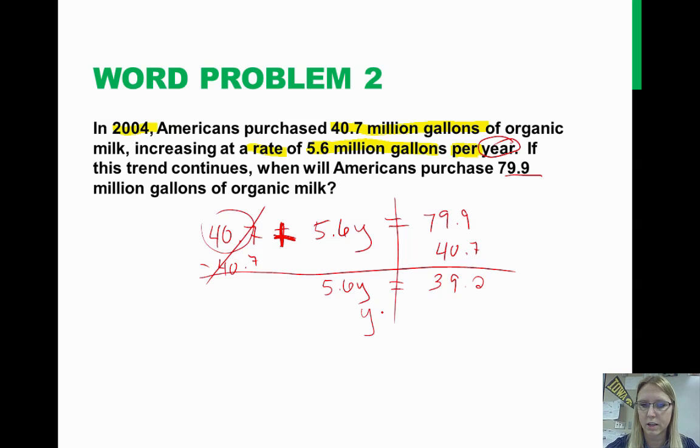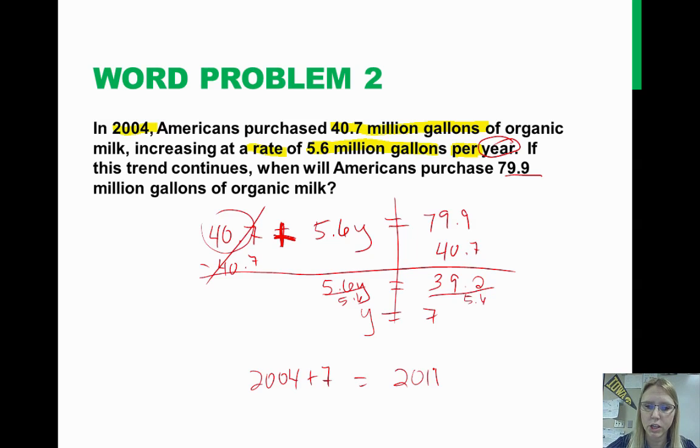So y is actually equal to 7 because we divided both sides by 5.6. And y is 7. Now, we started in 2004. So if we're adding 7 years to 2004, what year will it be? So we're going to do 2004 plus 7. So that means in 2011, Americans will be purchasing 79.9 million gallons of milk.